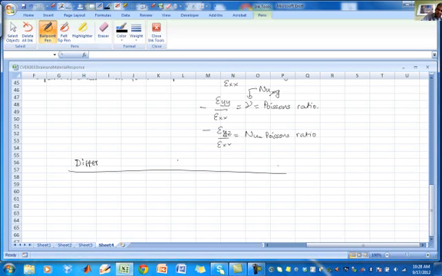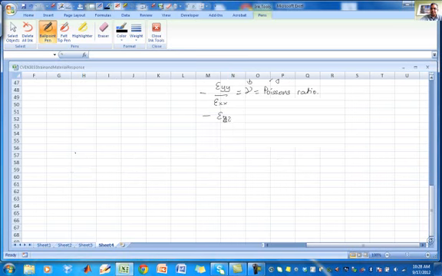Different kinds of Hookean or linear elastic response. I won't say material because it's material response, so I'm being a little bit careful. So different kinds of Hookean or linear elastic material response.